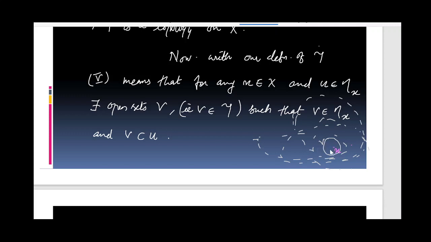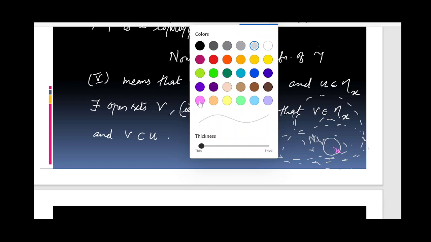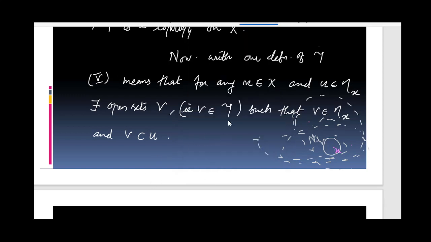So here, if I take this as my N3, then N3 belongs to eta x, which implies x belongs to some N3 I have taken here, which is an element of your eta x. Now N3 is a neighborhood, which means inside N3 there should exist an open set.